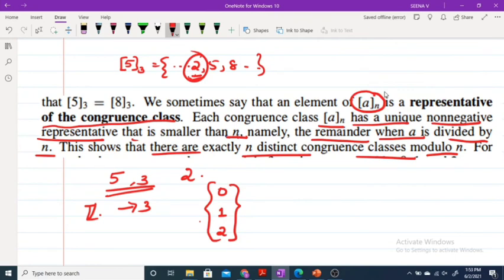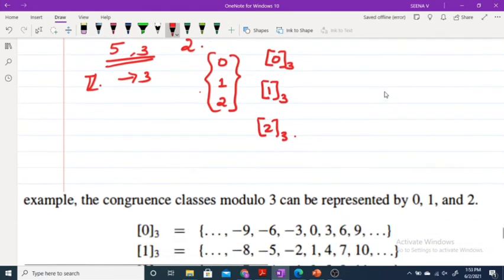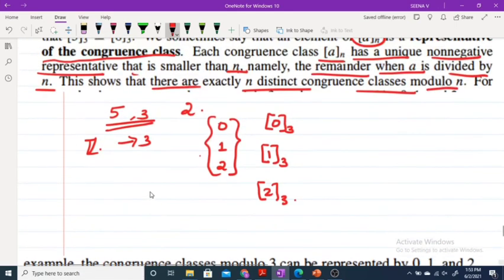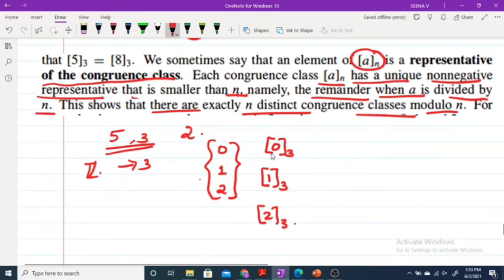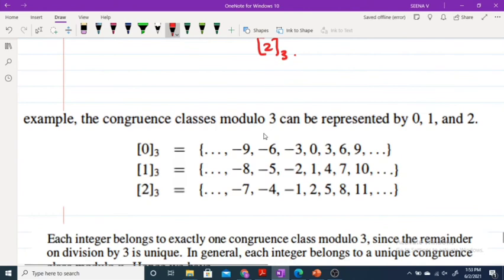So we can easily evaluate the congruent class modulo 3 of 0, the congruent class of 1, and the congruent class of 2. For example, here we have like this. The congruent class of 0 means the remainder obtained is 0. That means when divided by 3, the remainder is 0, which means multiples of 3.